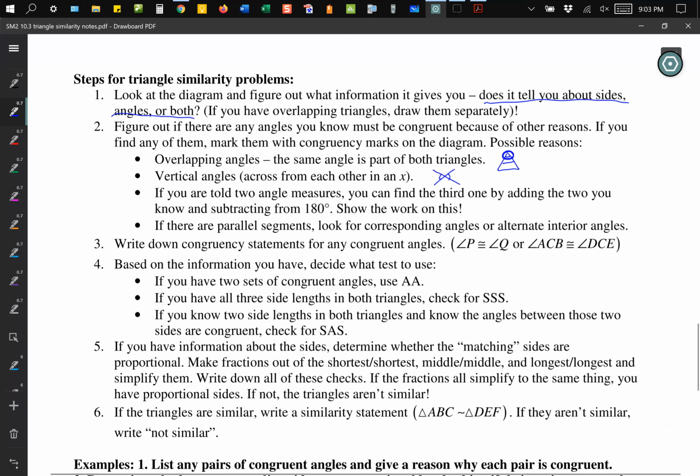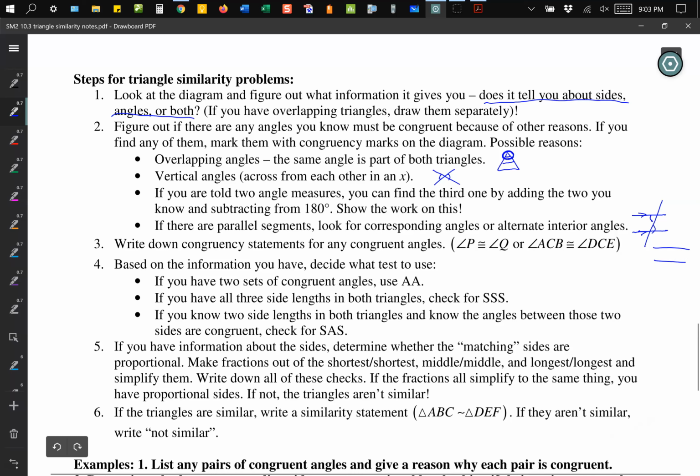The last thing is something that you may need to go back to section 9.2 if you haven't yet and review. And that is if you've got parallel lines or segments and something that goes across like this, if you've got these two angles, those would be alternate interior angles, and they are congruent.